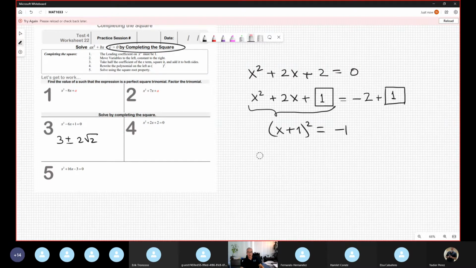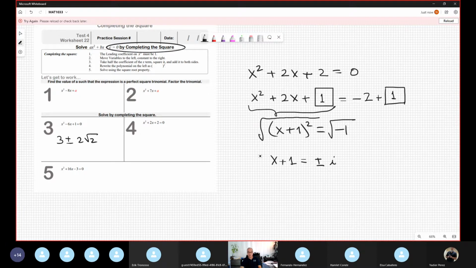Okay, now I am ready to apply the square root method, similar to the other page. Square root here and square root here. x plus 1, once more the square power and square root cancel out each other. And now we have, unfortunately, a negative number inside the radical, which is imaginary. In this case, just i.